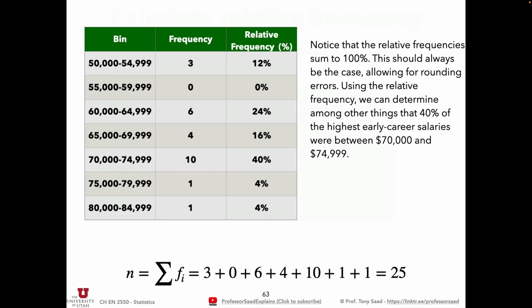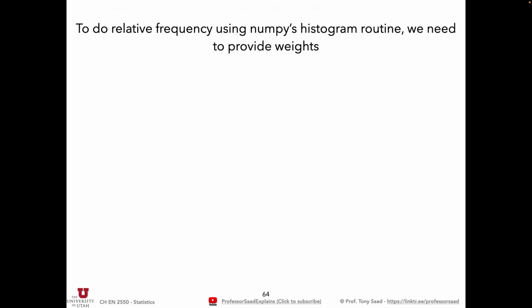Okay? Now, to do relative frequency using NumPy's histogram routine, we need to provide something extra. It doesn't automatically do it for you. So we have to provide some extra information to NumPy so that it does the calculation for you.